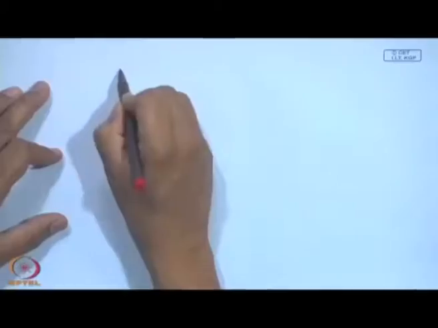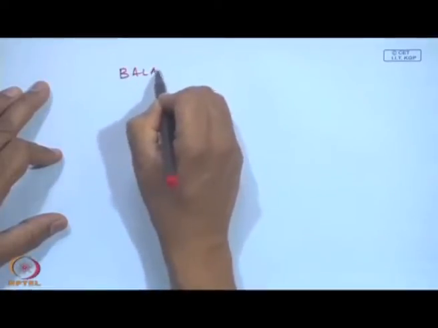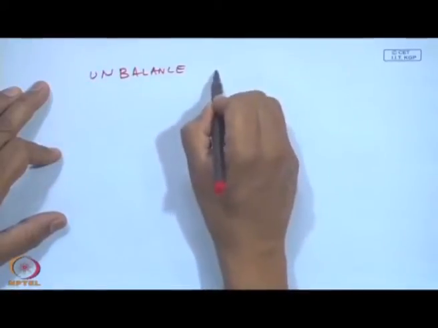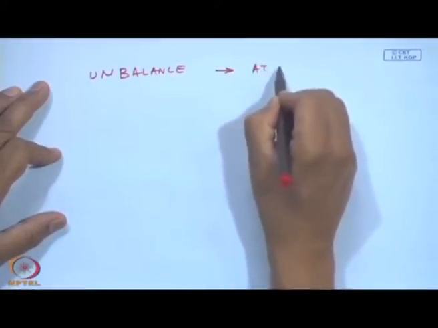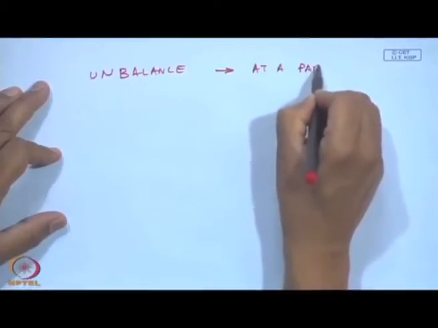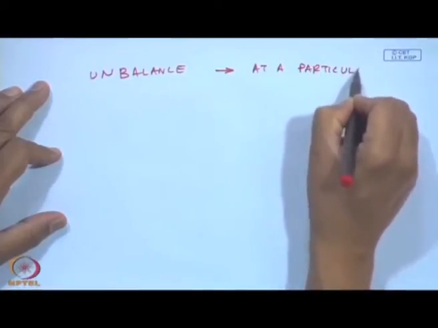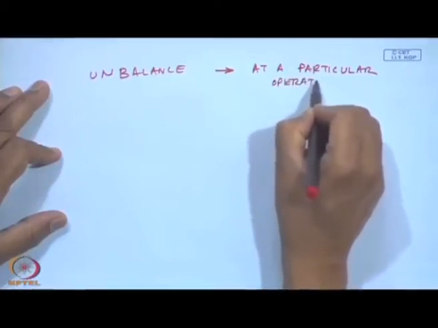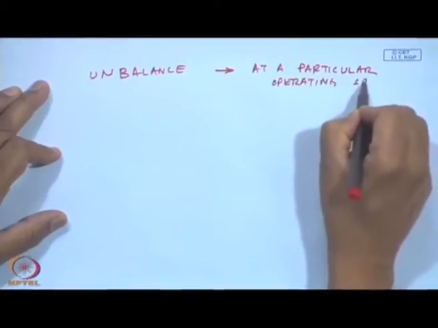Another very important thing we have to keep in mind, of course we will talk about this in the next class, is that balancing or unbalance is defined or specified at a particular operating speed.